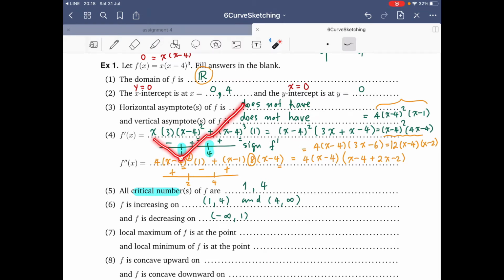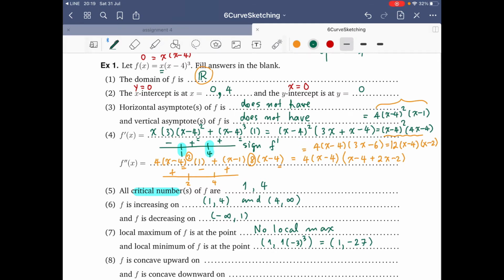So we have only a valley, so no hill, so this one has no local max, okay? But over here it's going down and up, so the local min occurs at your x equals 1, so you replace your x equals 1 here, so you have 1 and then minus 3 cubed, or it is 1 and negative 27, right?